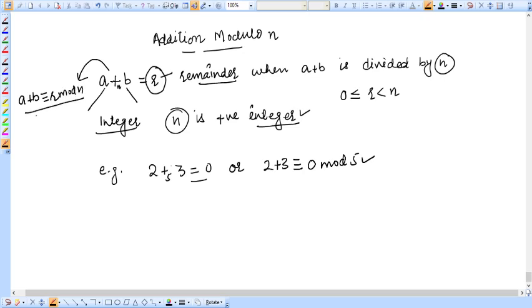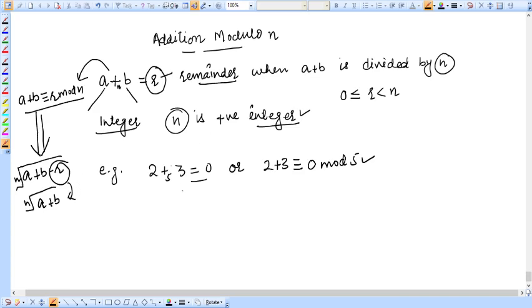Okay, it means if I divide a plus b minus r by n, I will get 0 as a remainder, or in other way, if I divide a plus b by n, I will get r as a remainder here, right? So this is the addition modulo n.